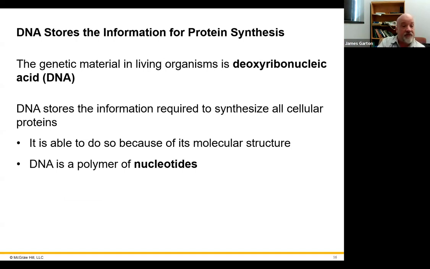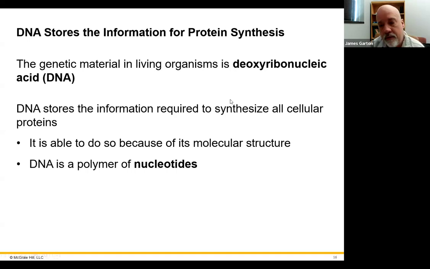And in any living thing, the genetic material is deoxyribonucleic acid, which we don't like to say. We say it's DNA. And DNA function, the way it functions, is based upon its structure.